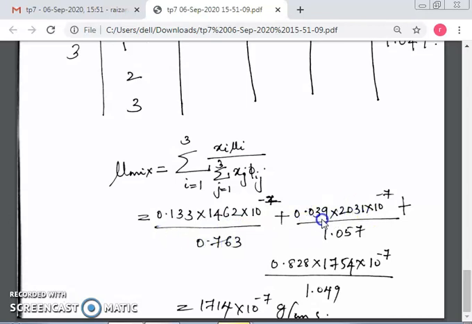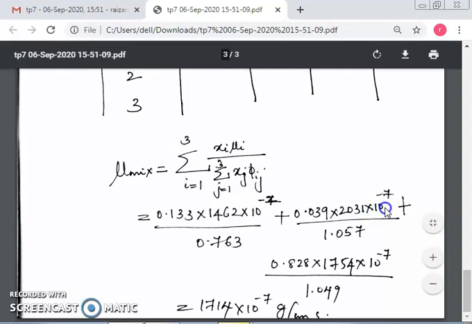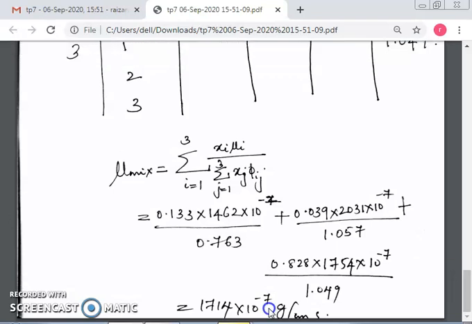Next is the oxygen term, mole fraction of oxygen multiplied by viscosity of oxygen whole divided by 1.057 plus mole fraction of nitrogen multiplied by viscosity of nitrogen divided by 1.049. You will get it as 1714 into 10 raised to minus 7 gram per centimeter second. So this is the viscosity of this gas mixture.